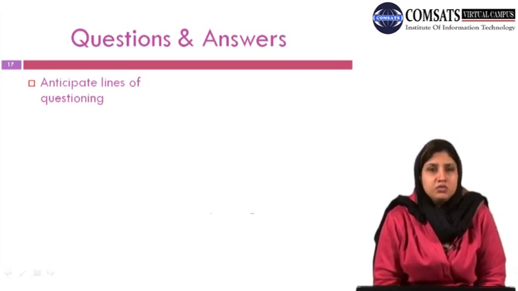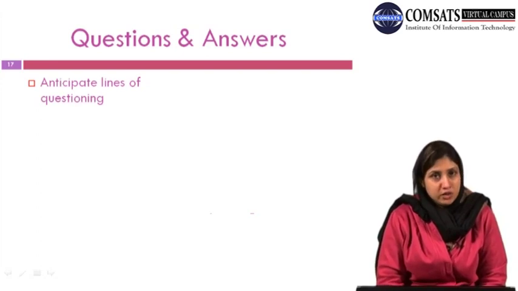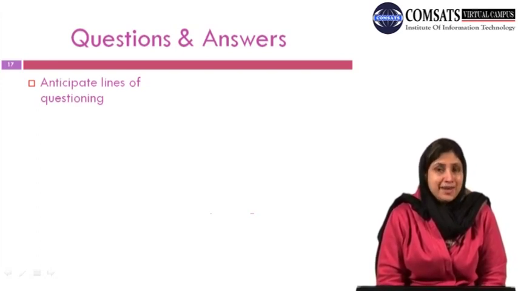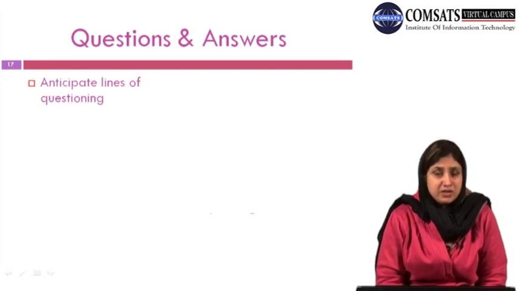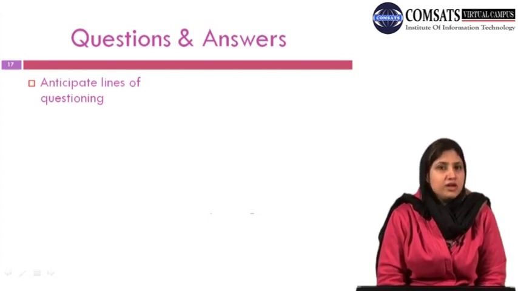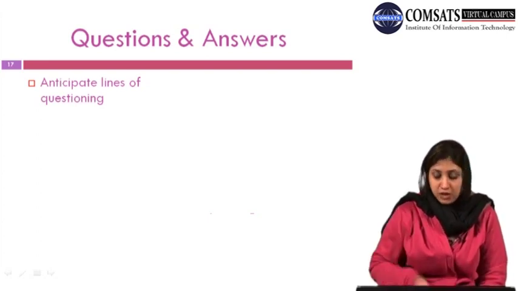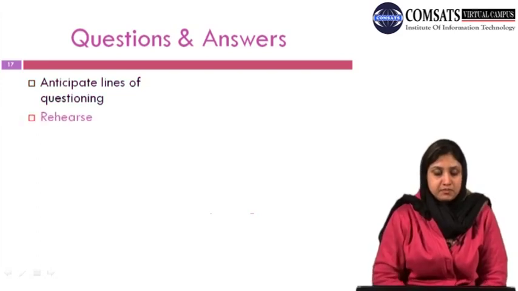So what you need to do is find the question out of the comment and try to answer it. So anticipate lines of questioning. Maybe you cannot hear the question straight away in the articulation, but you can understand what the audience wants to know about. So try to answer that if you know the answer and if you can satisfy them.